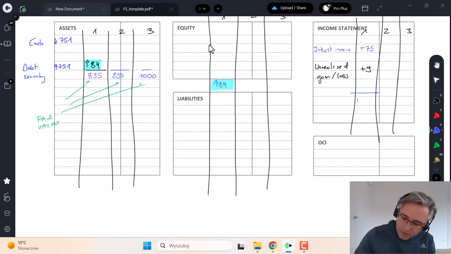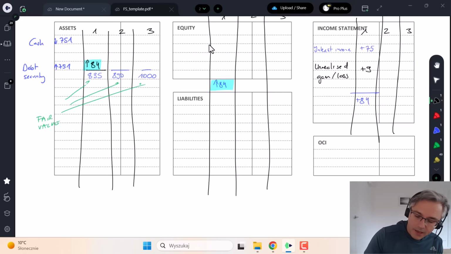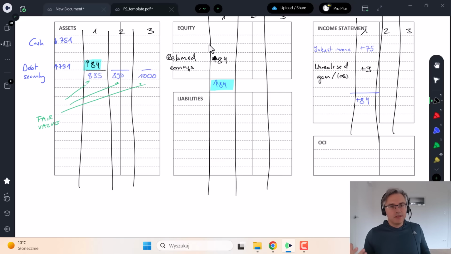So the whole 84 passes through P&L, through the income statement, and therefore gets taken to retained earnings, plus 84, impacting our ability to pay a dividend out of.